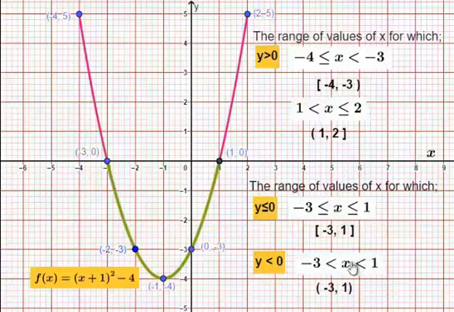So we have x greater than -3 but less than 1. And then in the interval notation form, open bracket, -3, 1, open bracket, to show that those values are not part of our answer.